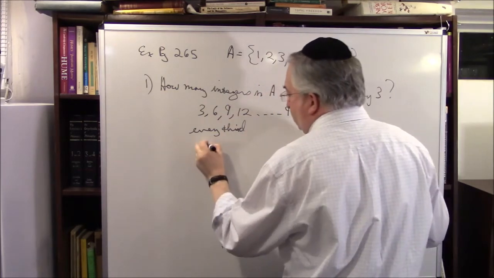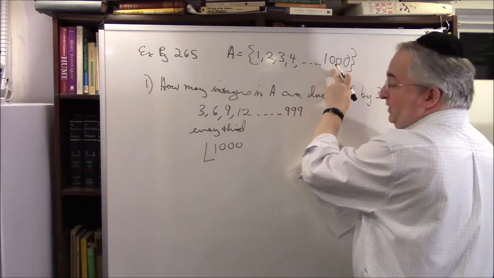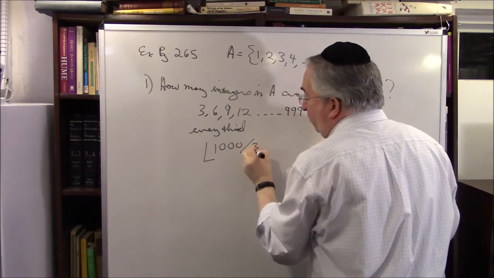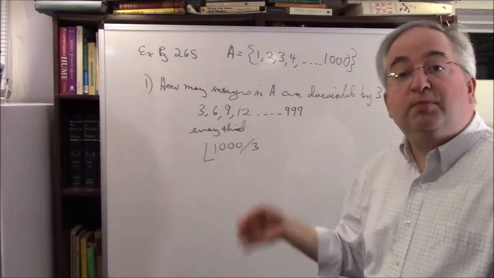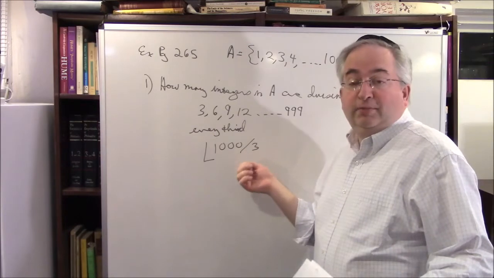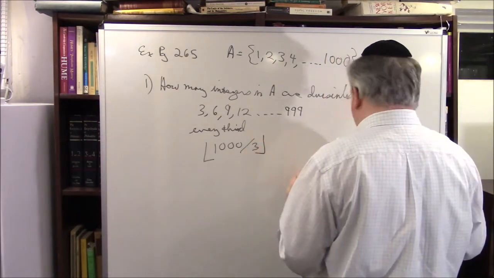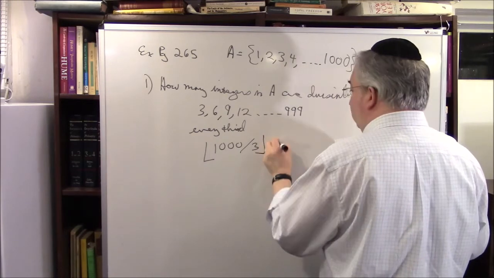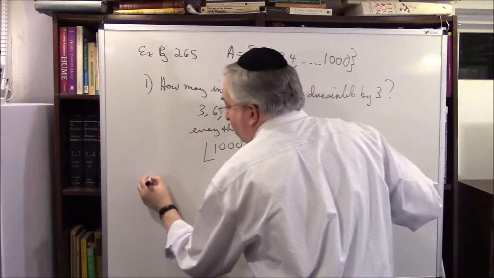There are 1,000 elements in this set, divided by 3, but 1,000 divided by 3 is 333.3333, and obviously you don't want the 0.33. I'm asking you for a whole number answer, so it's the floor of that, and this is equal to 333. Great.